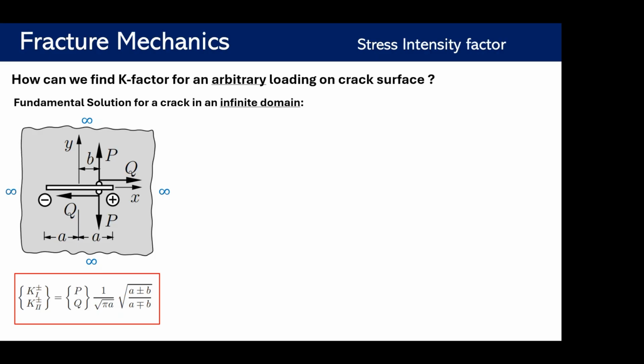But instead of right and left, I used the terms near and far because it's clearer. So I call this tip, with the plus sign here, the near tip, I mean the near tip to the P, to the applied force. And the other one with the minus sign the far tip.